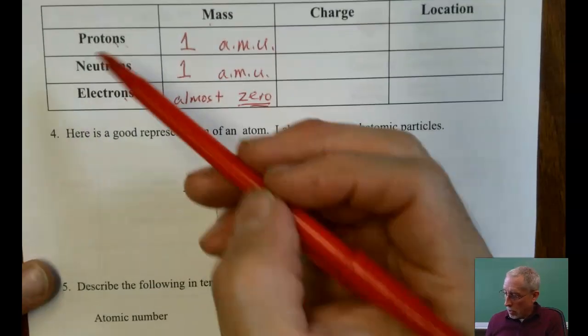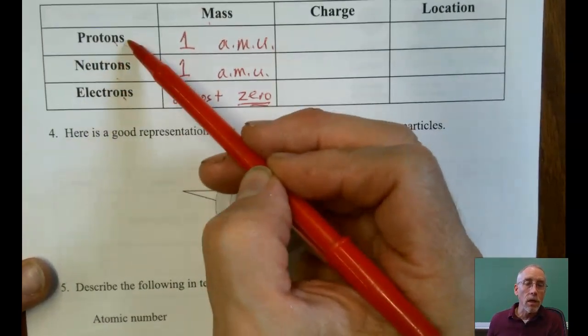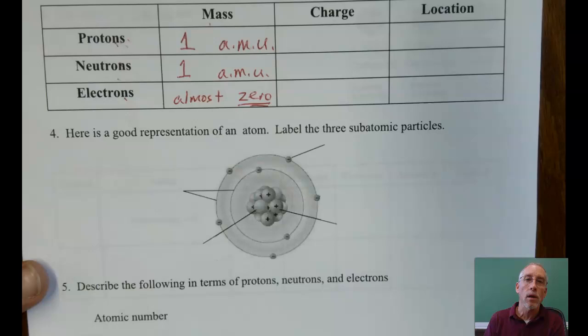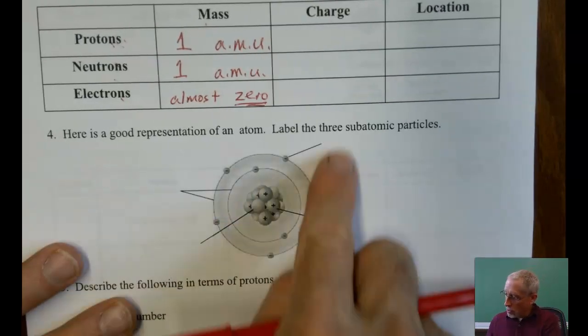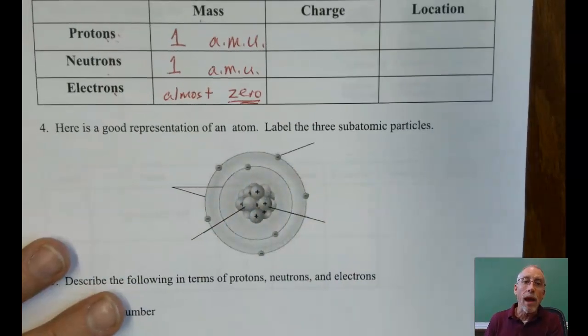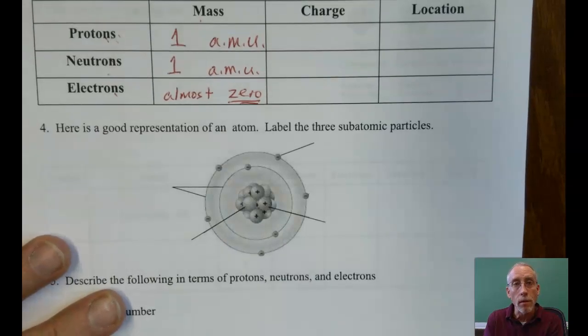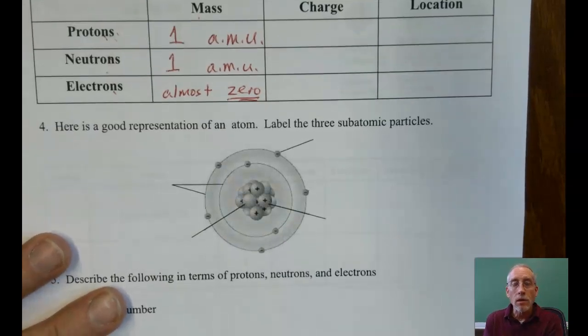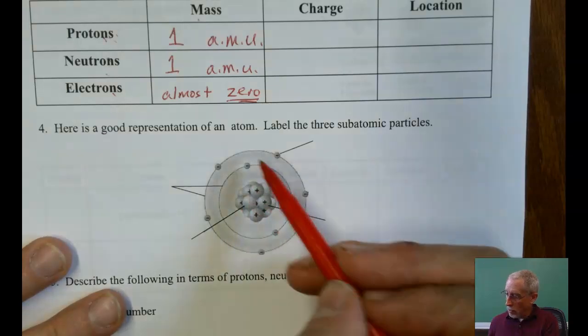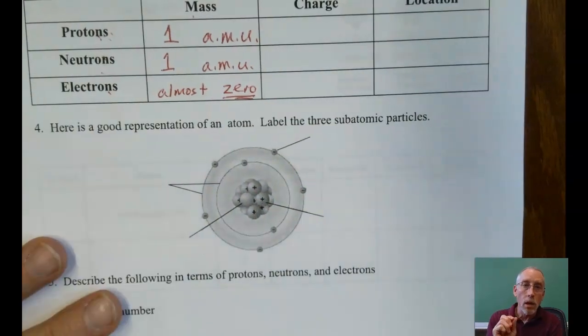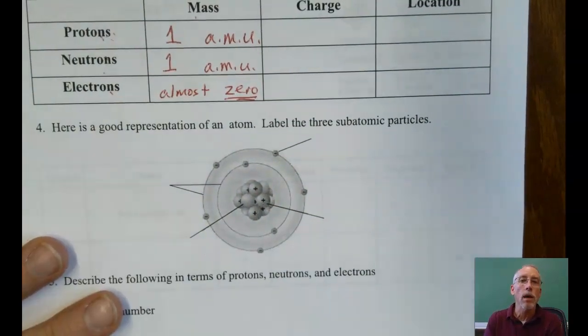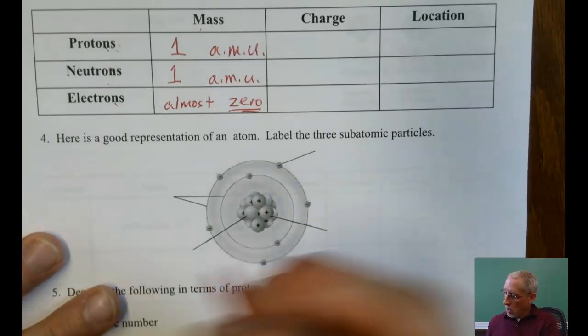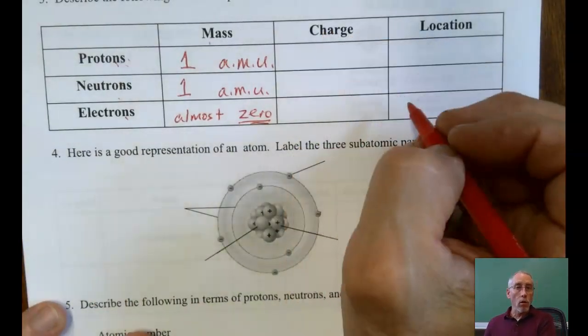So these two are 2,000 times bigger than an electron. So when we look inside an atom, all atoms have mass because they have protons or neutrons in them. And the mass is determined by those protons and neutrons, but almost none of the mass is determined by the electrons. Okay? All right, and then an important characteristic called charge.